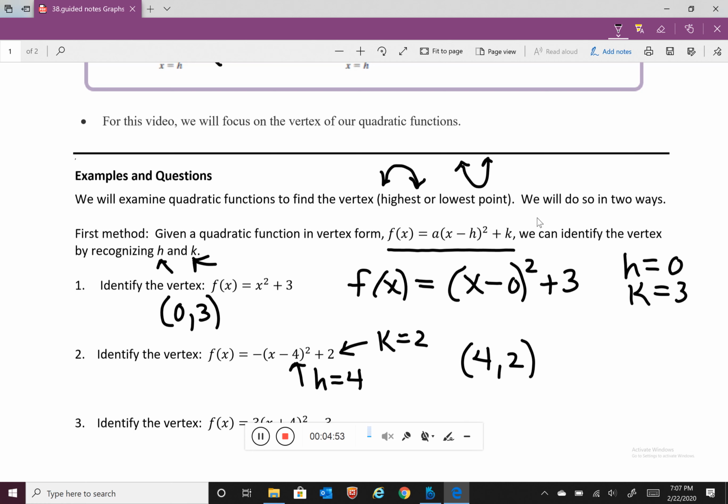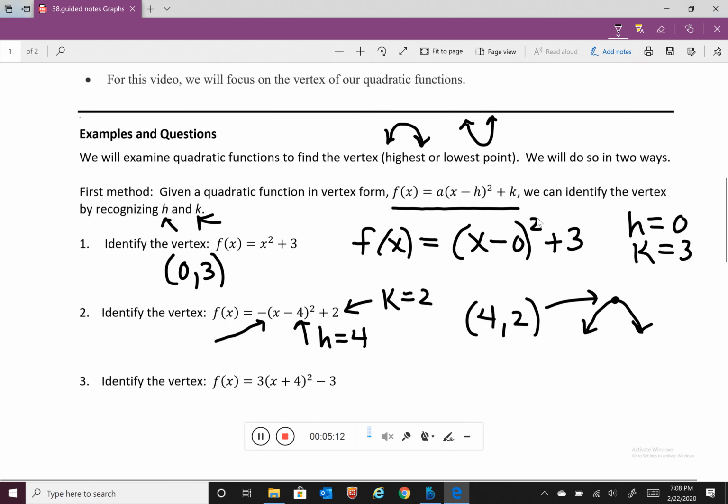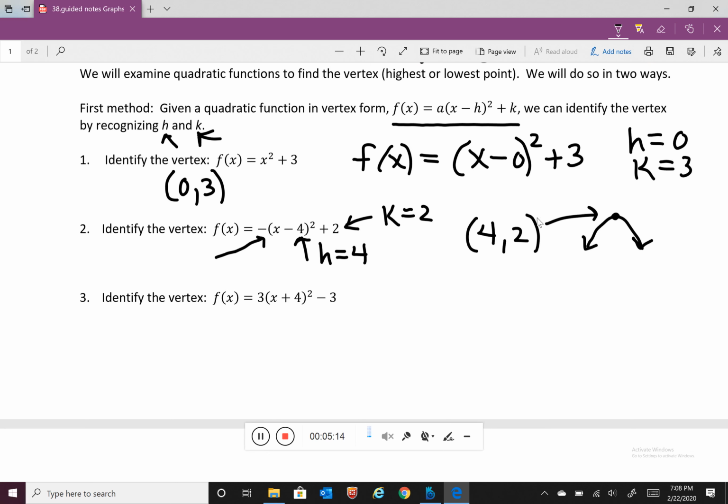Now this one is a little bit different in the sense of our a is -1, so that means that this parabola is going to open downward. And so our vertex is our highest point, 4, 2. For our next example, because our leading coefficient is positive, that means that this is opening upward.